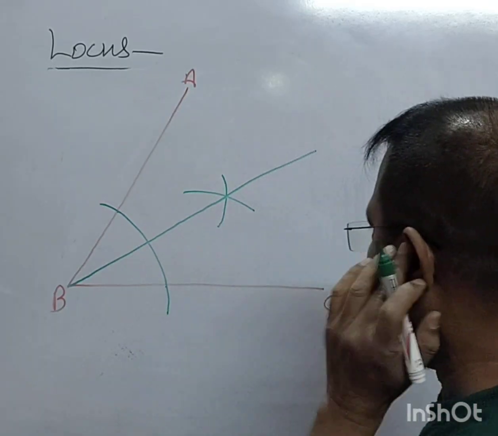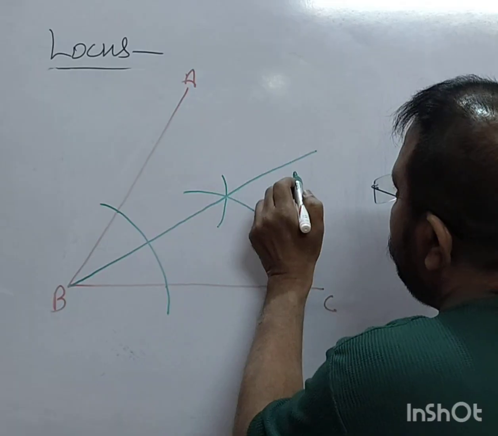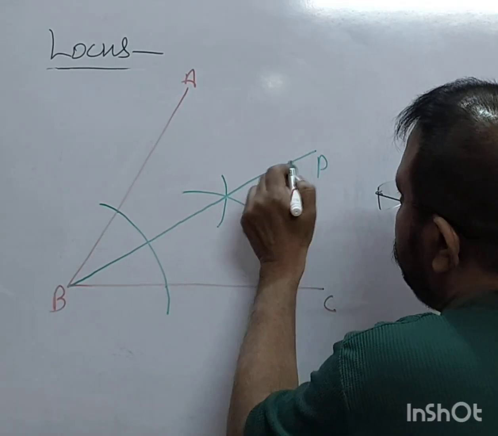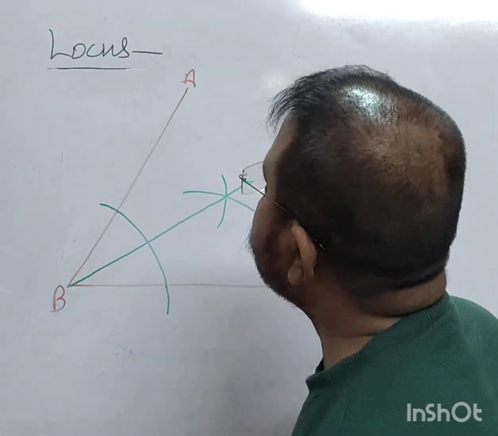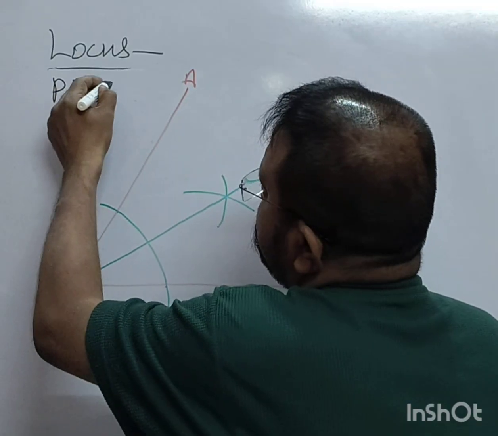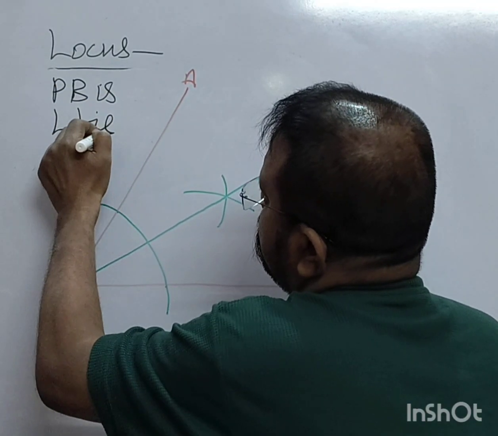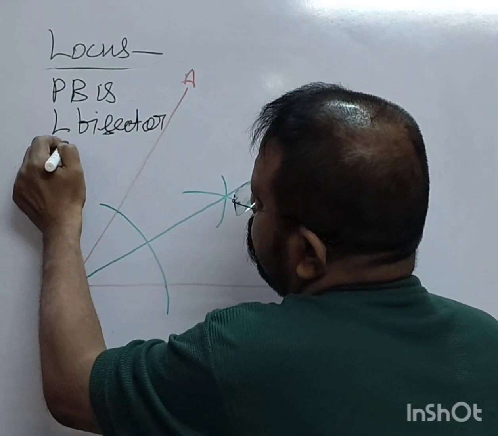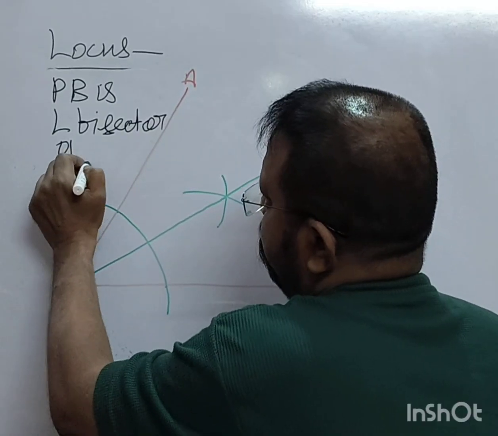So the angle bisector, this is PB. So PB is the angle bisector of angle ABC.